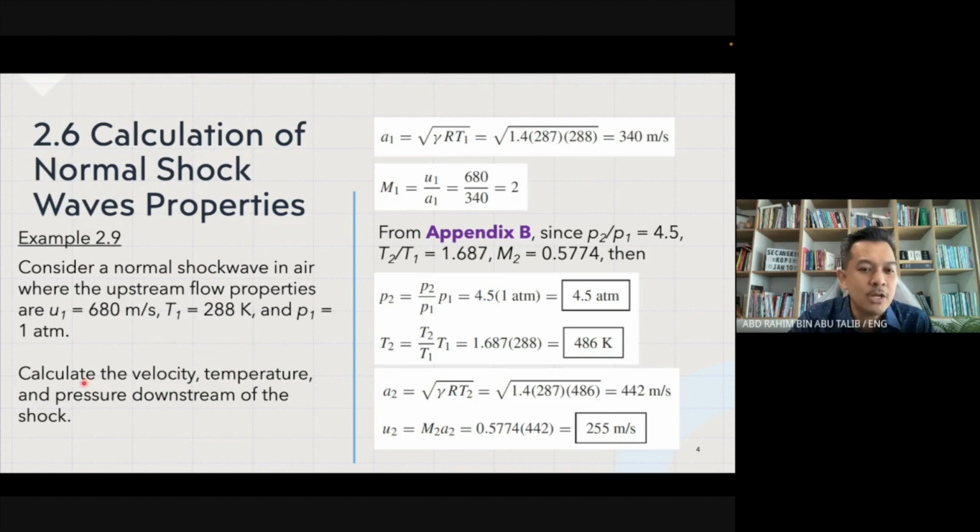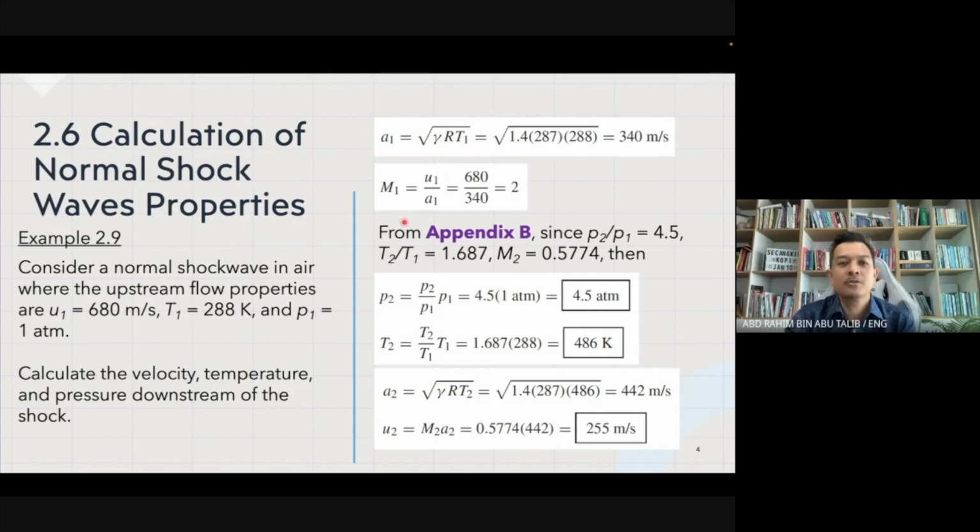You have to calculate the velocity, the temperature, as well as the pressure downstream of the shock. What does that mean? Basically you want to find the values of U2. U1 is given. You are going to find U2, T2, as well as P2.